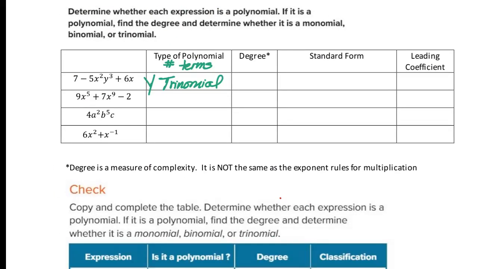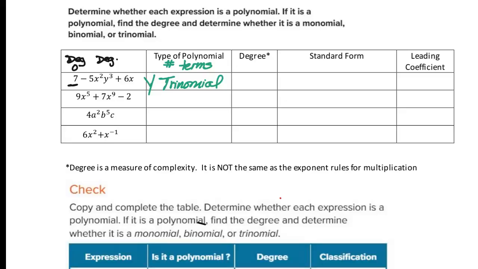What is the degree of this entire polynomial? Now remember, you have to find the largest degree of each term. So what is the degree of my constant 7? What's the degree of this constant right here, 7? 0. What is the degree of my second term? This is the audience participation part.